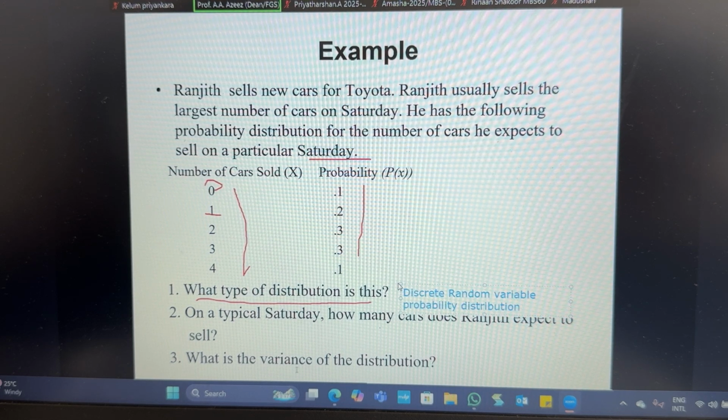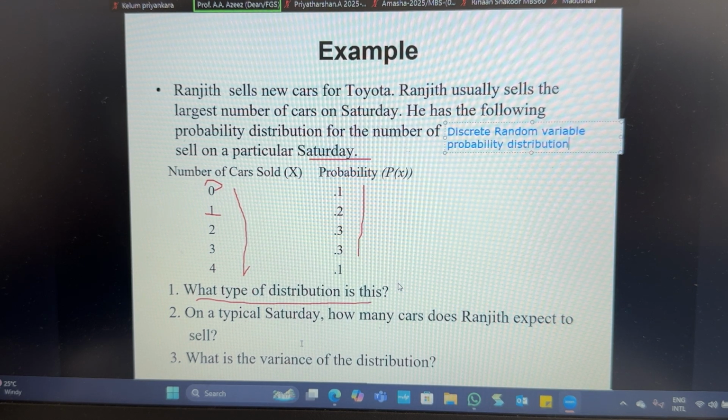The next one: on a typical Saturday, how many cars does Ranjit expect to sell? Right. So for this purpose, expect to sell means you have to find the E(X).